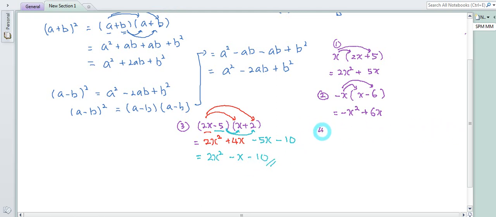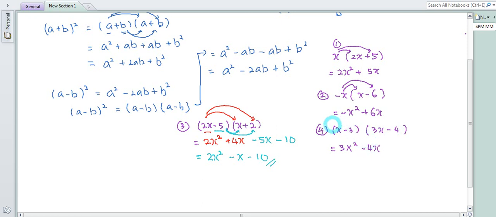Okay, so we go to number 4: (x - 3)(3x - 4). Same thing. Now we focus on x first. x times 3x, you get 3x squared. x times negative 4, you get negative 4x.